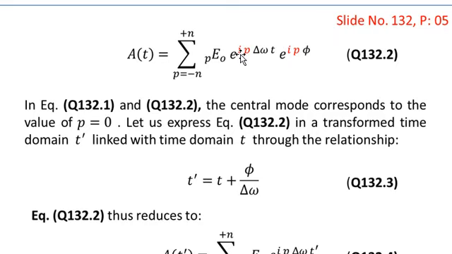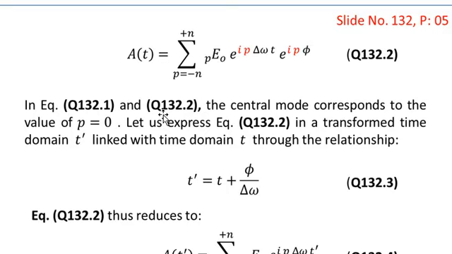Here you see that I have red marked iota p on both exponentials. The parameter p, or the index p, will run from minus n to plus n, and this is A of t on the left hand side. That is the sum of all the complex amplitudes mentioned over here in equation number 2.